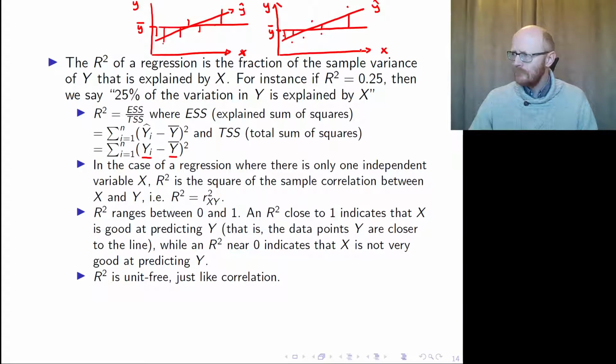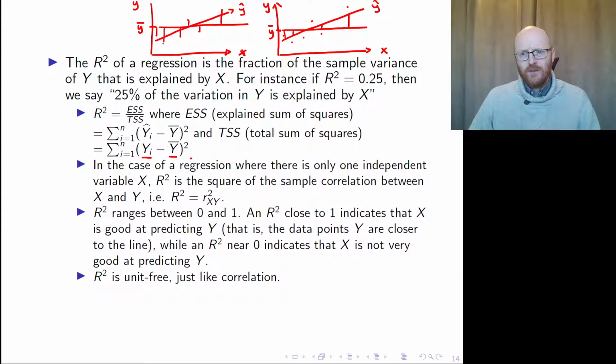In that case the R squared would be 0, because these residuals between the y hat and the average of y would be 0.